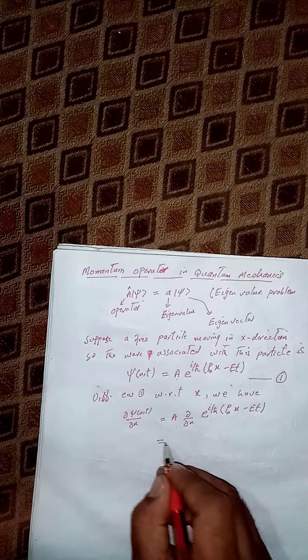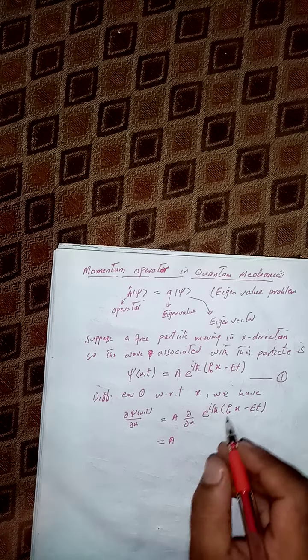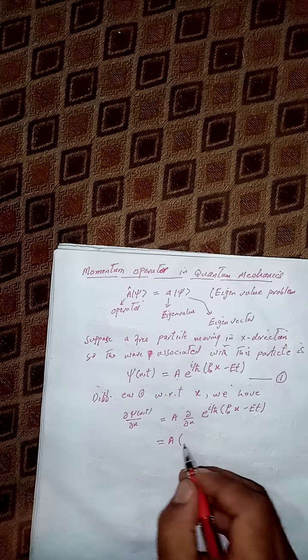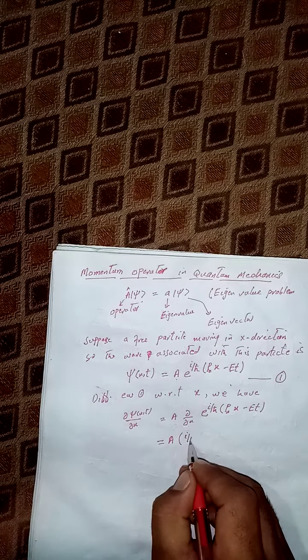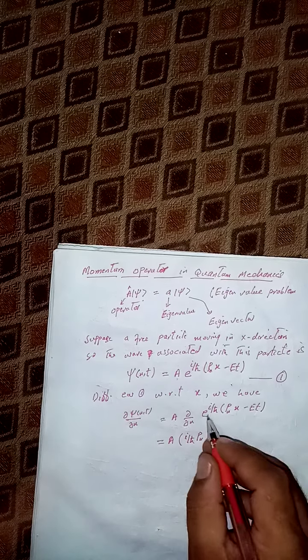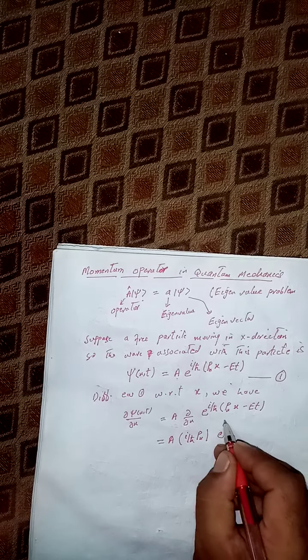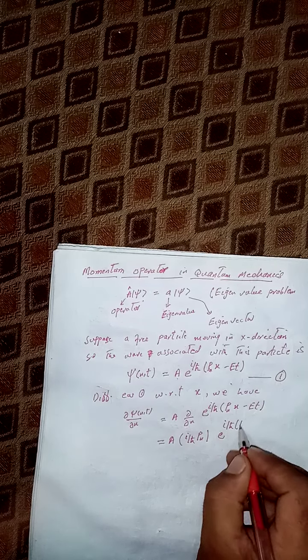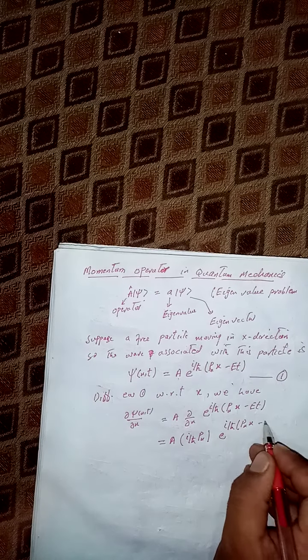If we apply this differential operator on this exponential factor, we get iota over h bar p_x, and then again the same exponential factor, e raised to power iota over h bar into p_x x minus Et.